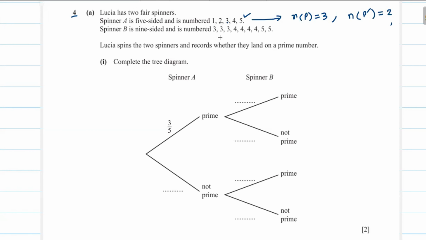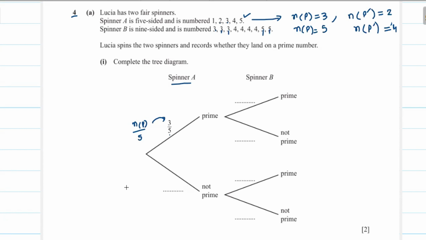Now the probability for spinner A: the probability of prime number is total number of prime numbers divided by total numbers. Total numbers are 5, therefore prime numbers here are 3 and total numbers here are 5.